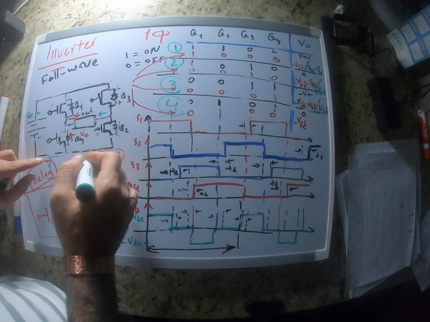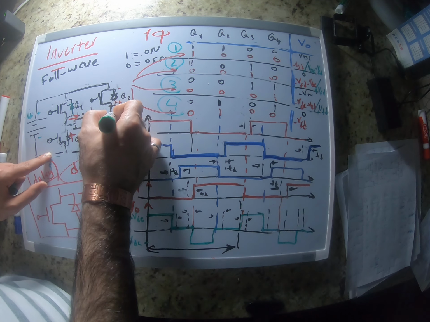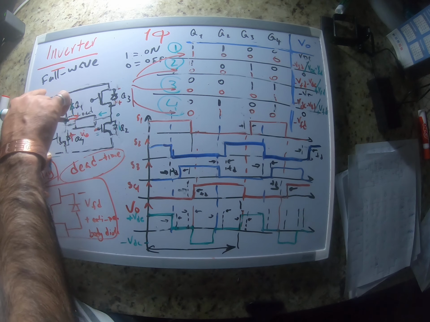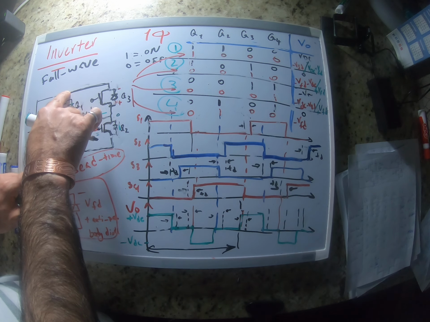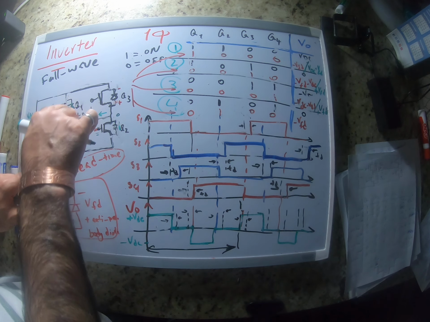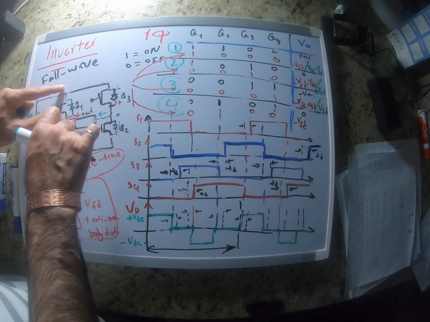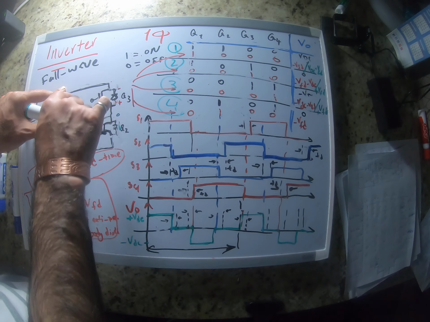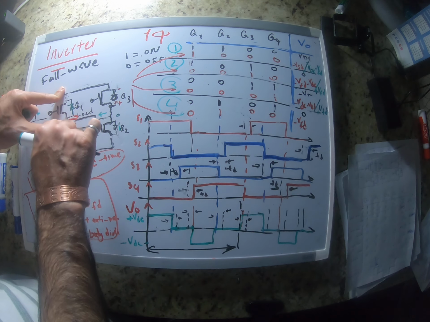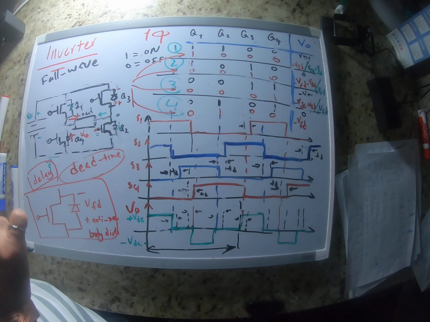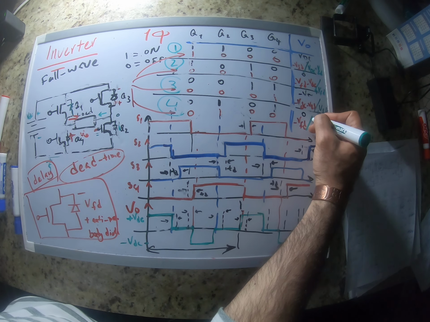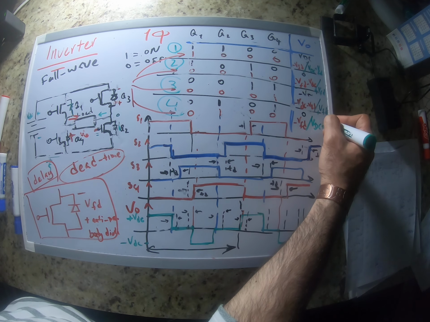What's the voltage here? Let's assume that this is 0. Okay, this one is gonna be connected to VDC, and this one is gonna be VDC plus VFD, because if this is VDC, this has to have a voltage higher than VDC because of the voltage drop of the diode. So this is gonna be VDC plus VFD.